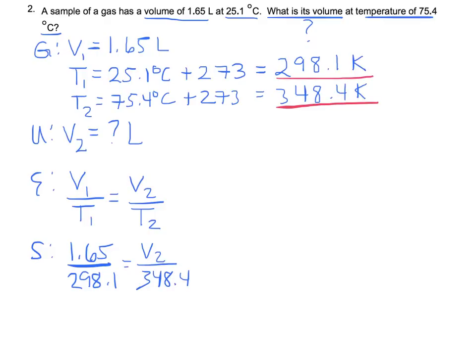Okay, so the easiest way to solve a problem like this, where you have two fractions, is to cross multiply and divide. I'm going to do the solve over here because I've run out of room. So I'm just going to rewrite this so that I have the numbers on this side: 1.65 over 298.1 equals V2 over 348.4. Again, we want to cross multiply and divide.